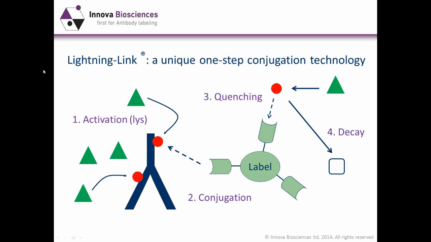So the whole thing is just a sequence of events. Once you've added your antibody to the mixture, this sequence just goes through its steady progression, completely hands off. You just wait a set period of time and you can use your conjugate straight out of your pot. So without those separation steps, you've not lost any antibody. You know exactly what concentration you've got. You can repeat it every single time and get the same conjugate time and time again.